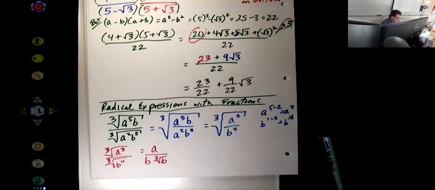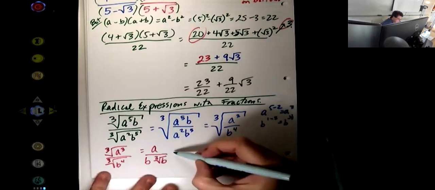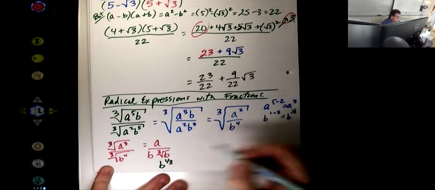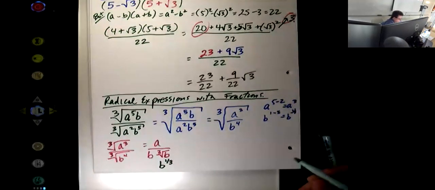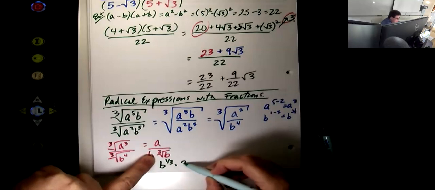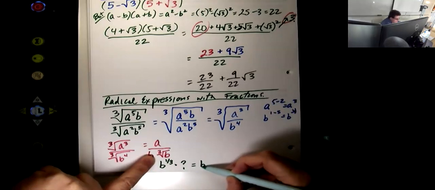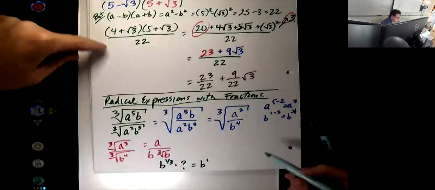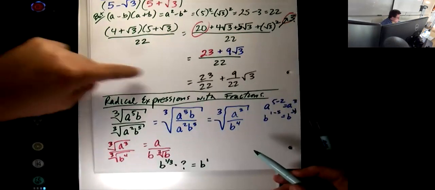And we don't want to leave it like that. This cube root of b is b to the 1/3. We do not want a radical on bottom. I need to multiply this cube root of b times something so that I end up with b to the first power. Earlier, when we had square root of 7 on bottom, we were able to multiply by square root of 7.